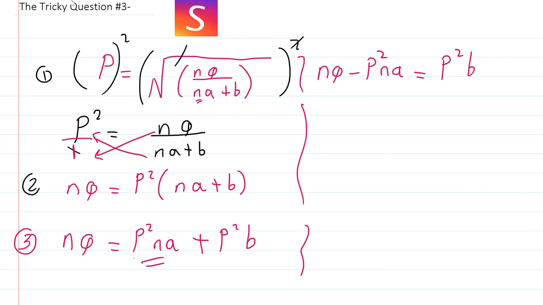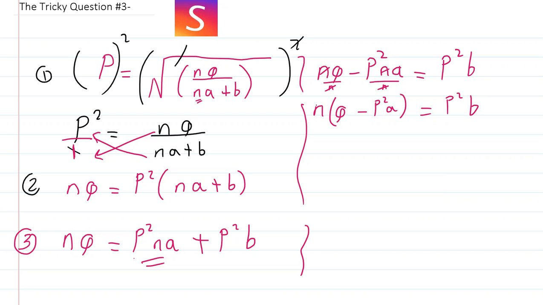Still, how can I get n? I'm going to take n as a common factor and factorize here. So I take n as common: divided by n, the remainder is q, and divided by n, the remainder is minus b squared a, is equal to b squared b.